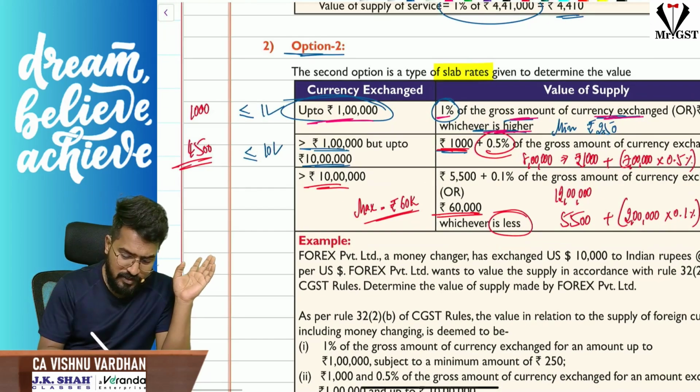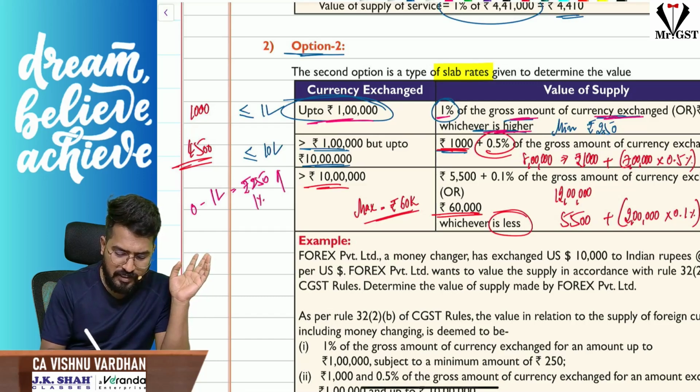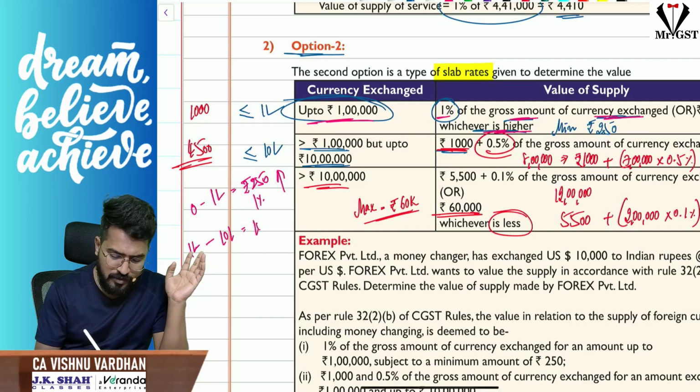That means if it is 0 to 1 lakh, 250 or 1%, whichever is higher. Next, 1 lakh to 10 lakhs, it is 1,000 rupees plus 0.5%.